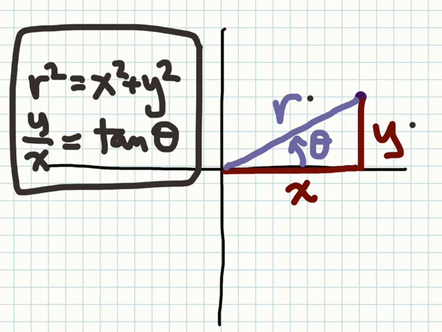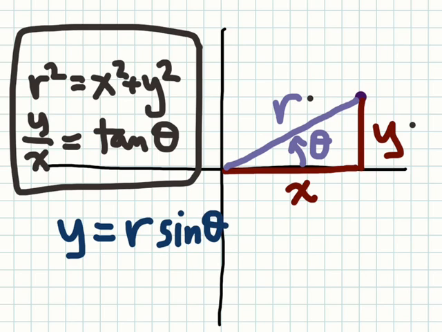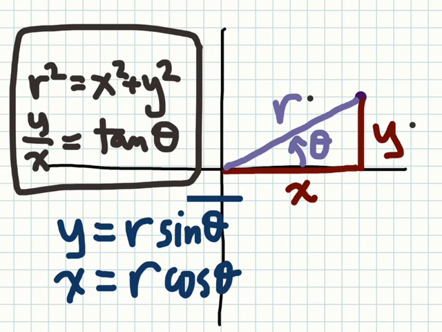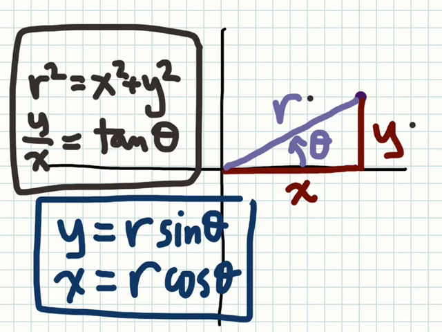So we could write y is equal to r sine theta, and similarly x equals r cosine theta. And there's another pair of equations that relate x and y and r and theta. You'll notice this second set is very well suited to give you y and x if you know r and theta. So that pair is really good for converting from polar to Cartesian.